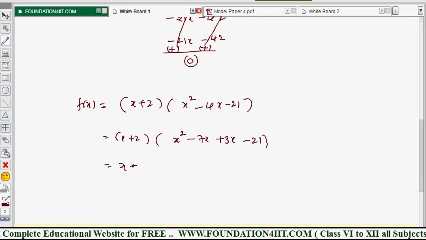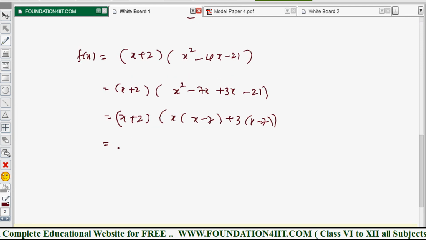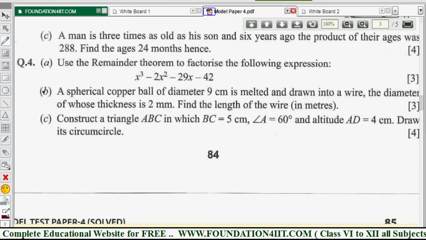So taking x common, x minus 7, and 3 common, x minus 7. Then finally we have the factors x plus 2, x minus 7 and x plus 3. So these are the three factors. Right? You can solve this in this way. And see the next one.